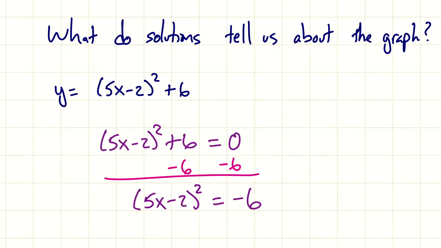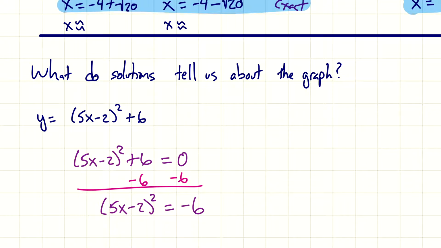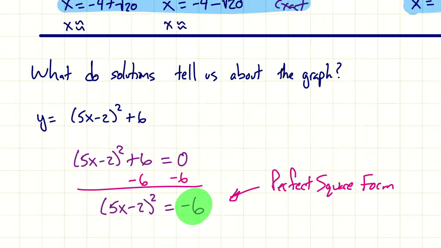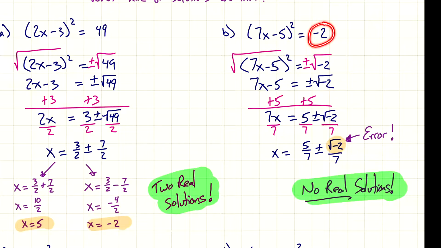Now you could solve this, and it will tell you what the solutions are. But if you notice, this is now in perfect square form, and the other thing you should notice is that we have a -6 here, which means, if you remember from the previous examples, when we have a negative number, there's going to be no real solutions.